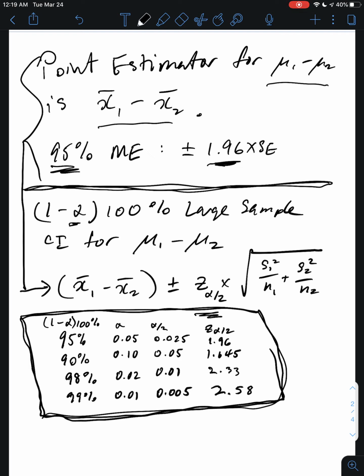And of course, you can always calculate these numbers on your own by reverse lookup. You reverse lookup these numbers in the Z table, and the Z value that appears on the edge is this last column. So there's many different ways you can obtain this table, but the easiest way is just to look it up on your formula sheet.